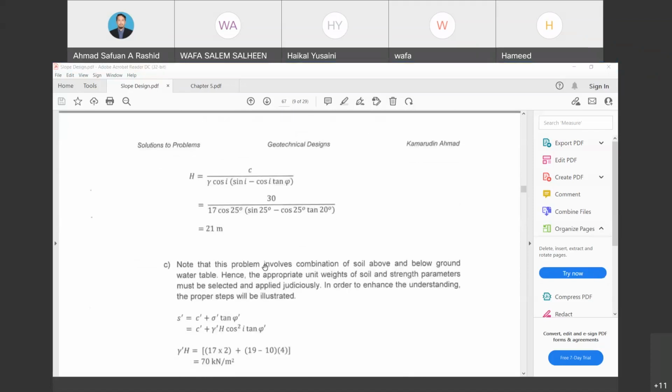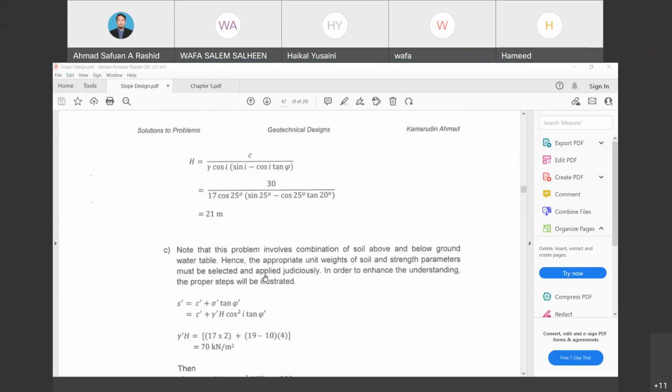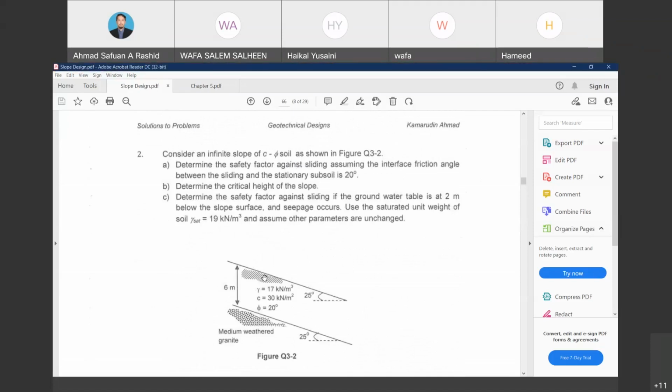So then we look at the last case. Determine the safety factor against sliding if the groundwater table is at 2 meters below the slope surface and seepage occurs.